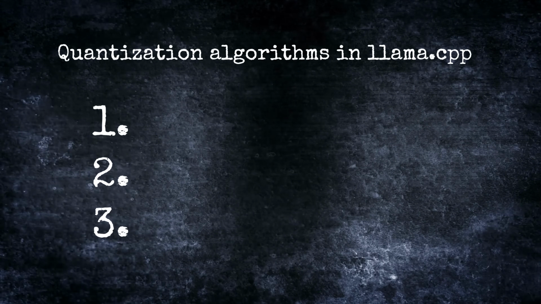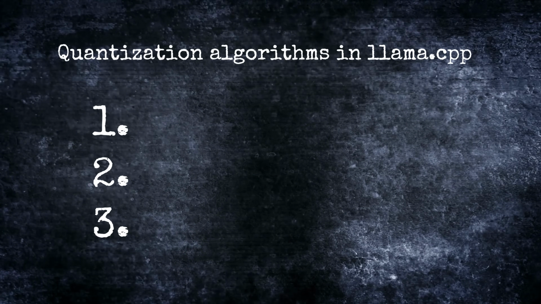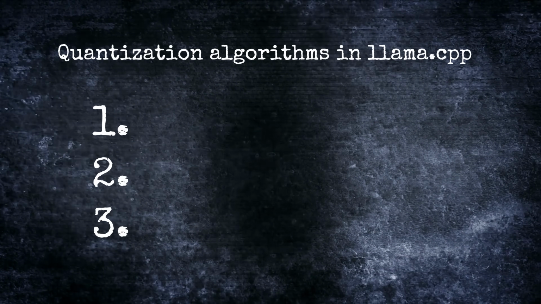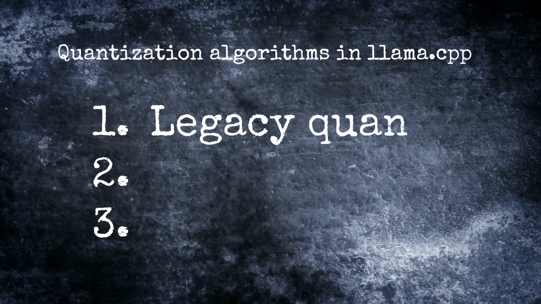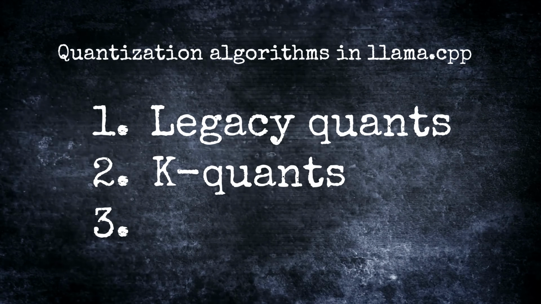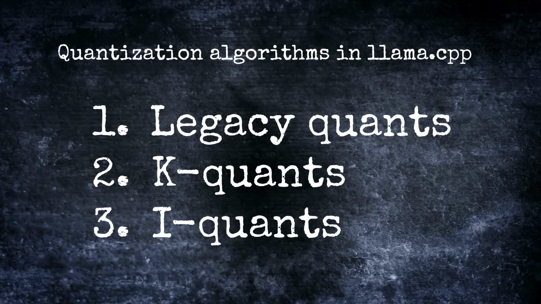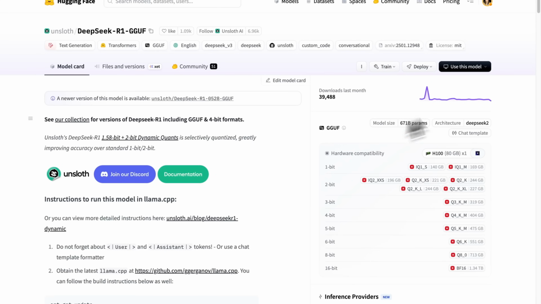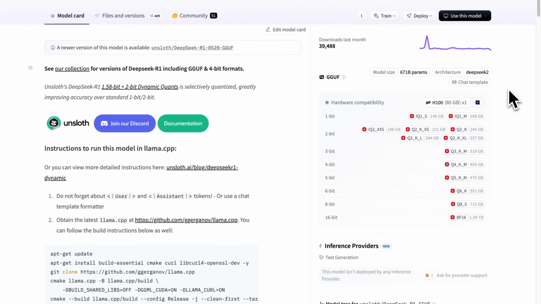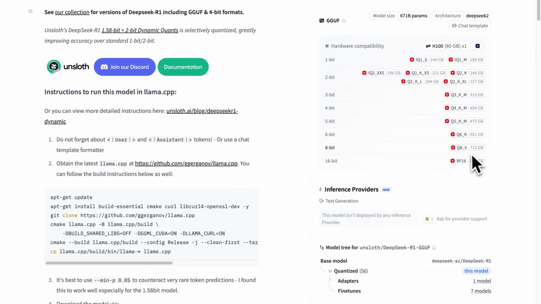So far, llama.cpp has seen three major generations of quantization algorithms: legacy quants, K-quants, and I-quants. Each of these categories contains multiple versions, and luckily, there's a naming convention that helps us tell them apart. Legacy quants usually end in 0 or 1, while K-quants and I-quants include their letter in the name.